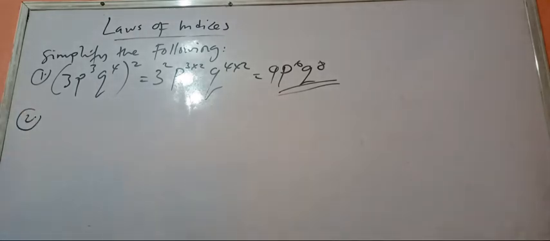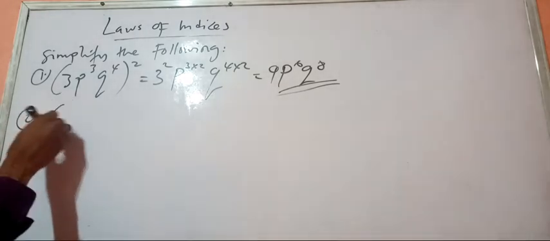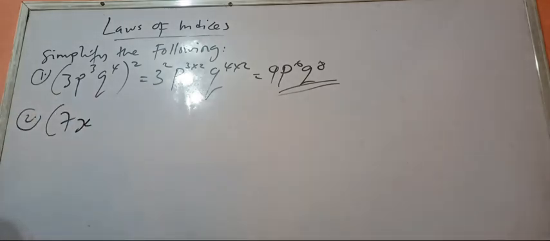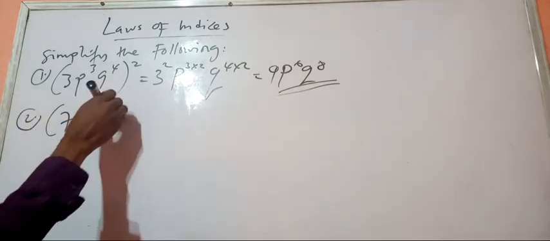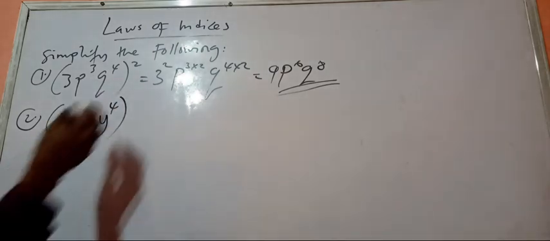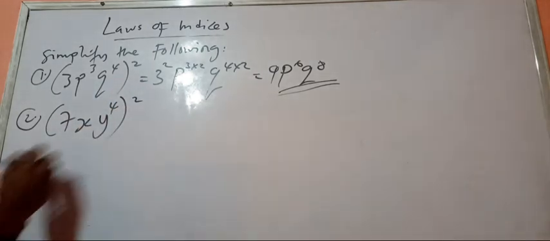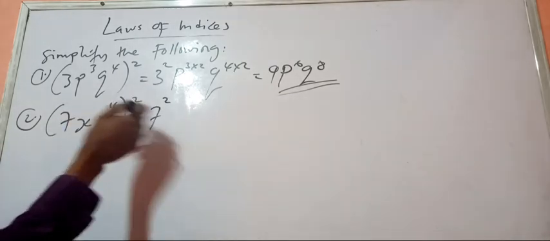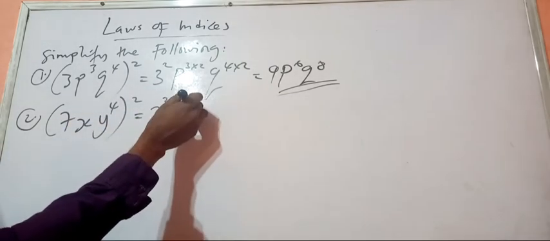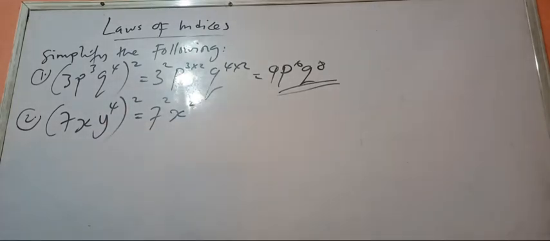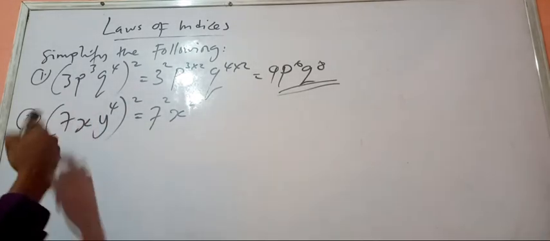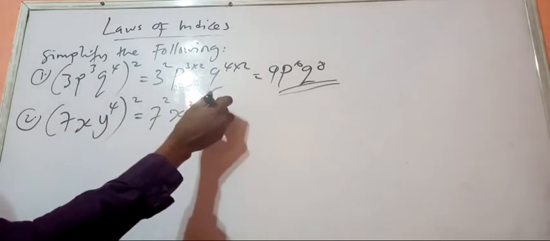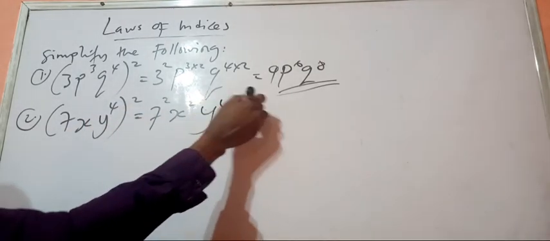Example 2: 7s to the power 1, y to the power 4, in brackets, to the power 2. So what do we have? 7 raised to power 2, s to the power 1 times 2, which is 2, and then y to the power 4 times 2.